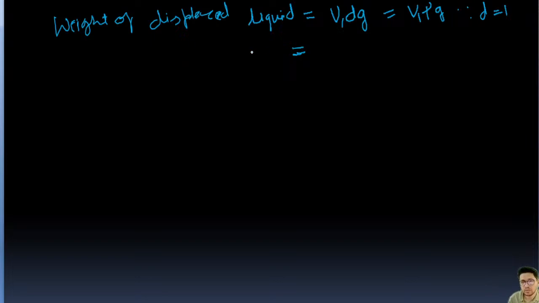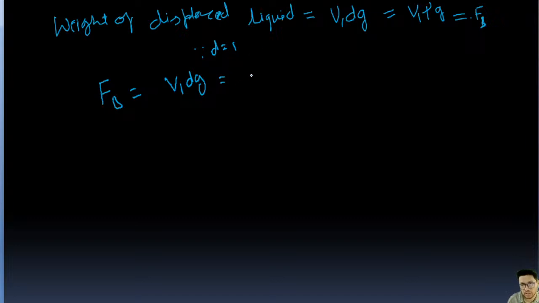So this is FB according to Archimedes' principle. The buoyant force FB is the weight of displaced liquid, V1 dg, and since the density of water d is 1, it is going to be V1.